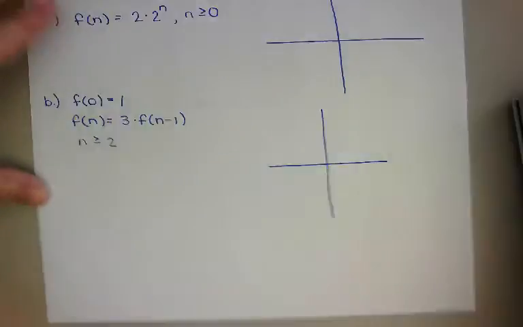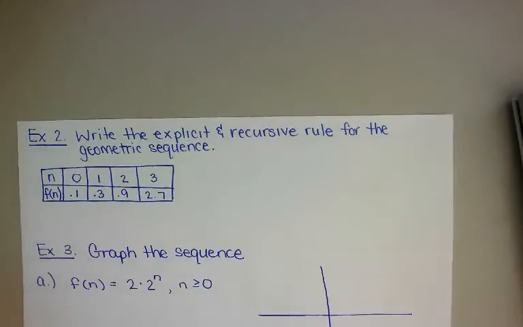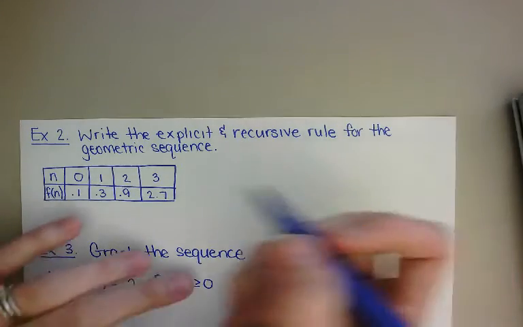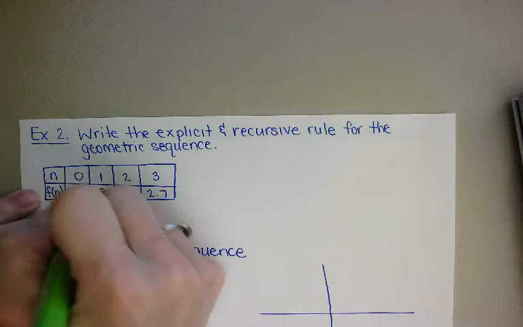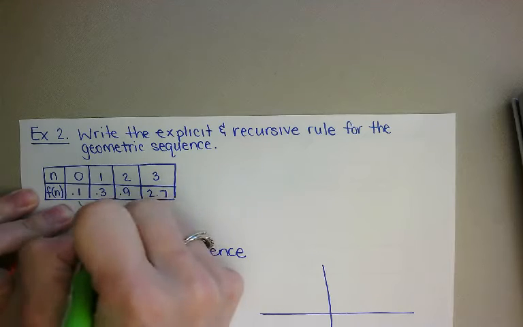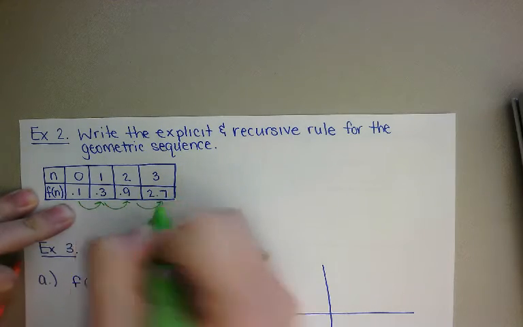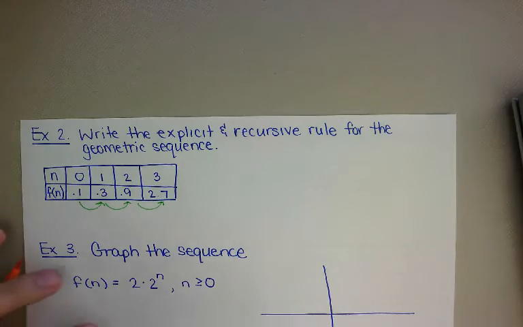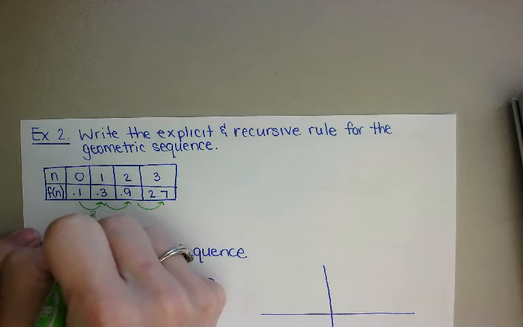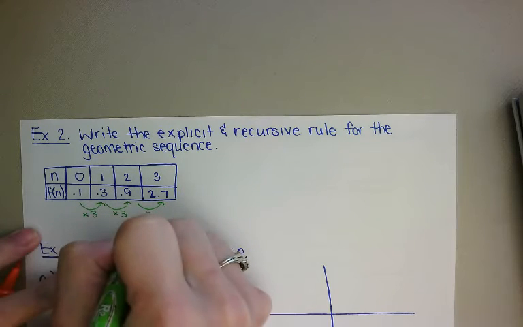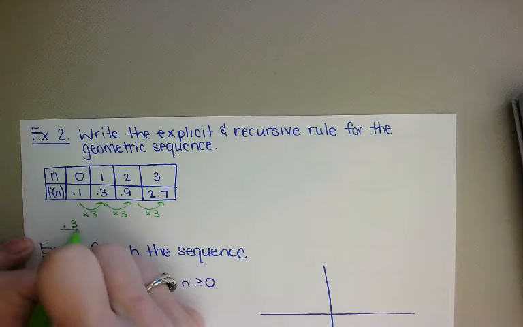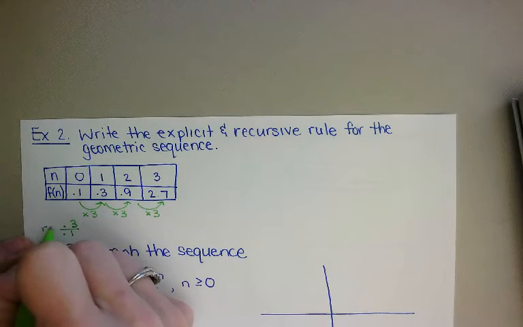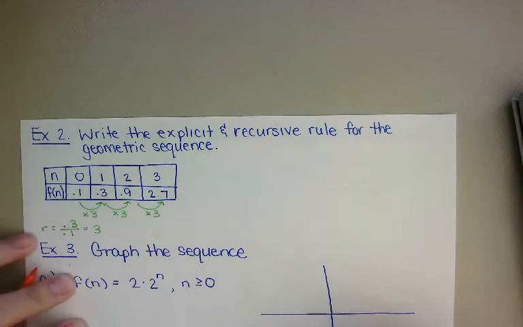All right, let's look at doing the same thing again. So writing an explicit rule, you need to figure out what they are multiplying by every single time. Maybe this one's easier for you to see that they're multiplying by 3. If not, you can take 0.3 and divide by 0.1, and that will tell you that the r is 3.